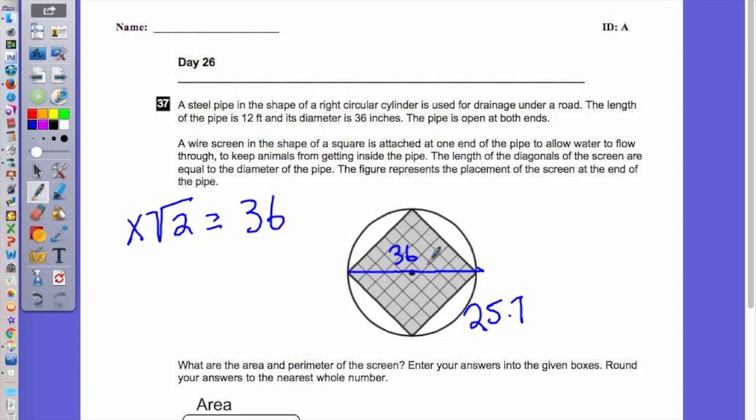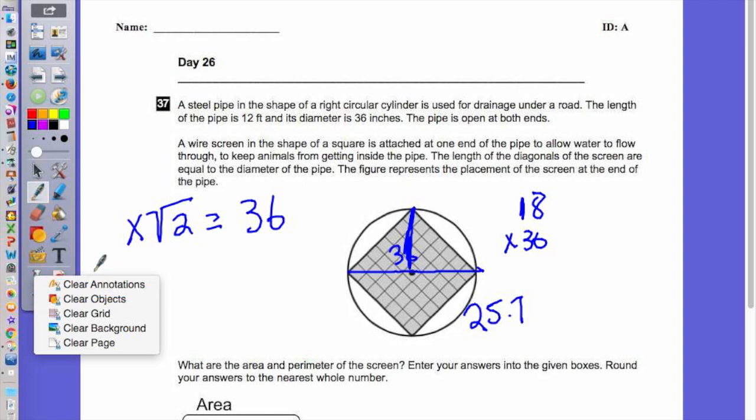I found the area of half of the square and then multiplied by 2. So that would be 18, because that's the radius, times 36 divided by 2. Okay, I think what I'm getting is a rounding issue. You understand what I'm trying to do here? So you did it that way, and then you got 648.